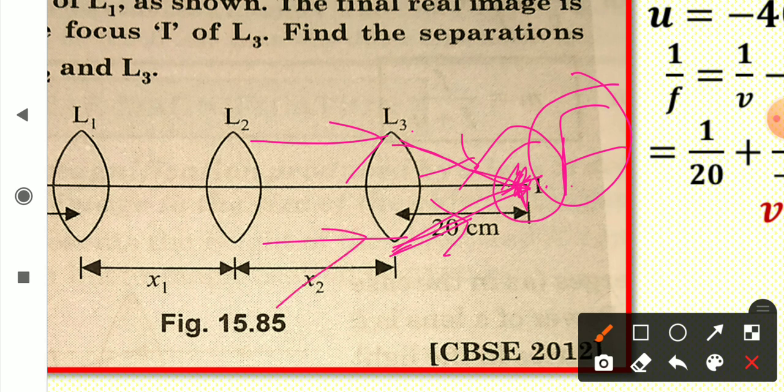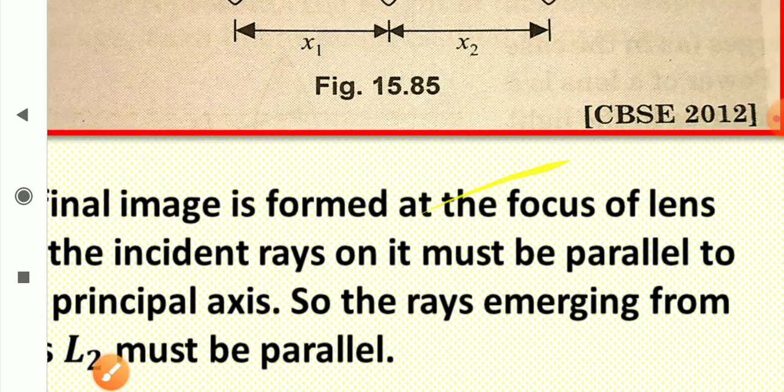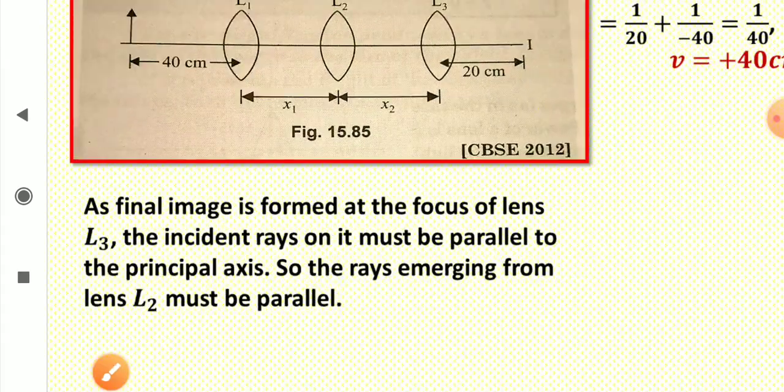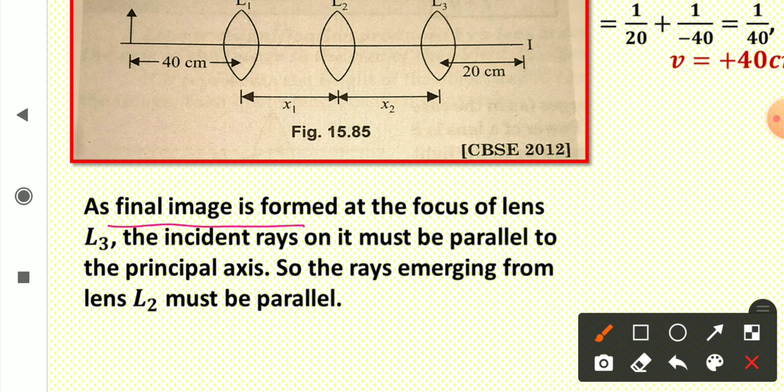That means the rays falling on L3 must be parallel. As the final image is formed at the focus of lens L3, the incident rays on it must be parallel to the principal axis.